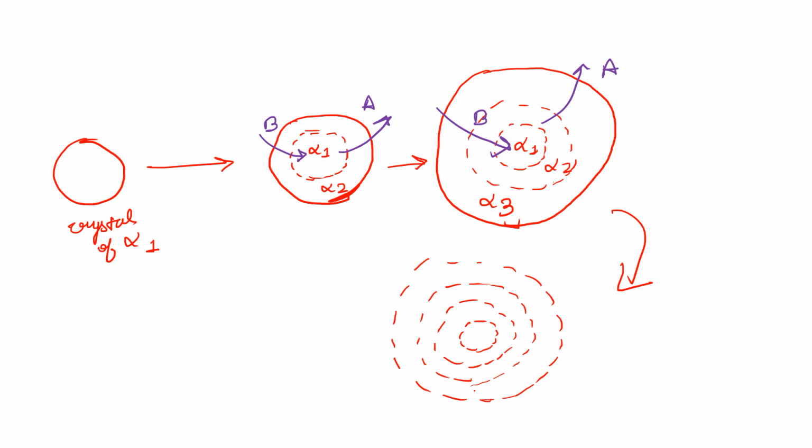And let's say the whole outer one is alpha 4, and again this will keep on happening. This inward diffusion of B and outward diffusion of A will keep on happening until we completely solidify it, right? So as long as we have liquid, we'll have this sort of diffusion, and we will have this non-homogeneous phase formation, one after another. So this is during the A rich.